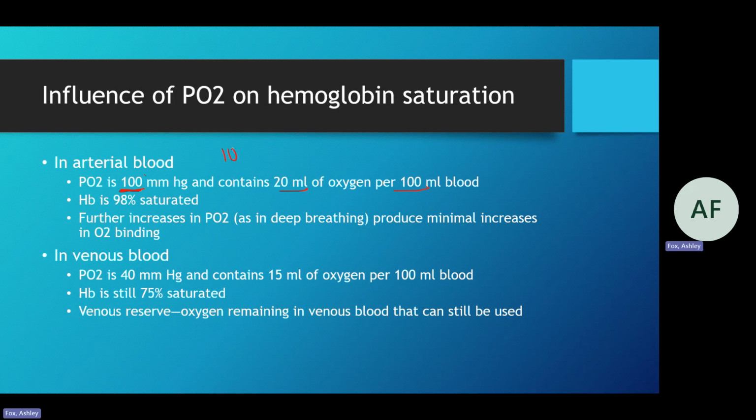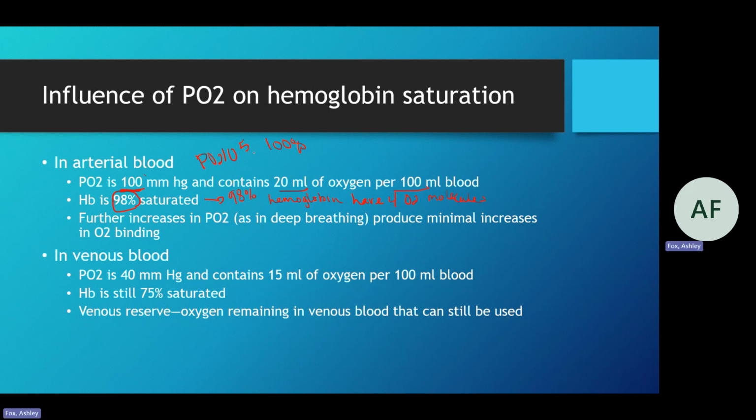Remember we said 105 is 100% saturated. Partial pressure of 105 is 100%. This is pretty darn close. 5 off, hemoglobin is 98% saturated, meaning 98% of your hemoglobin molecules have 4 oxygen molecules.